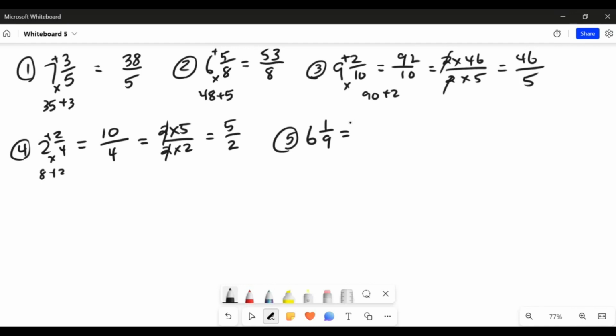Correct answer is 55/9. 6 times 9 is 54, plus 1 is 55.